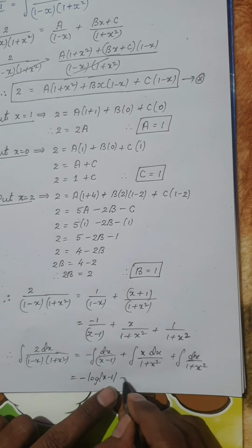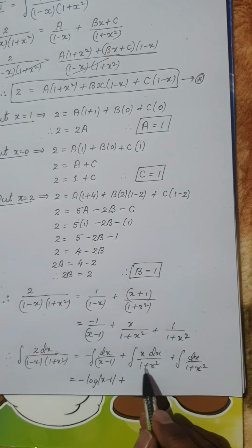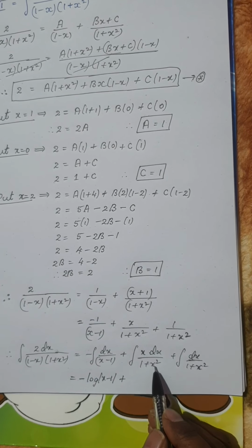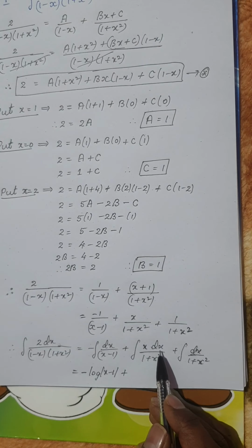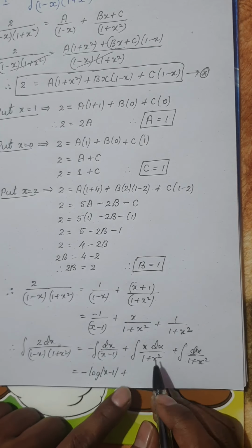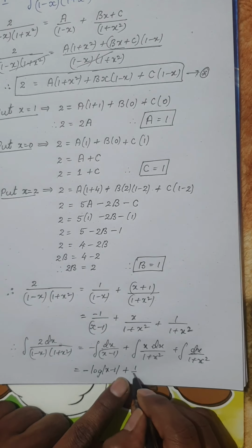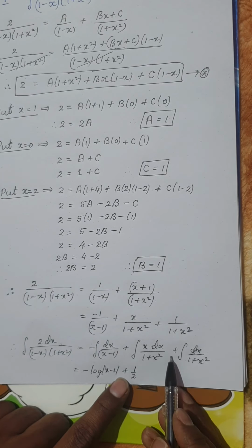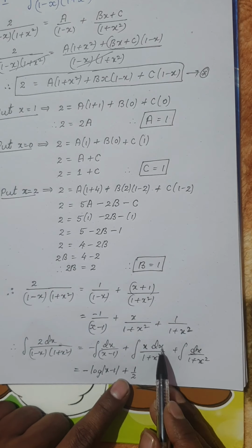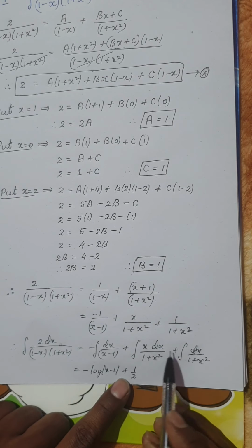Plus, now remember this, if you put 1 plus x square as t, then 2x dx would be dt. So in place of x dx it would be dt by 2.